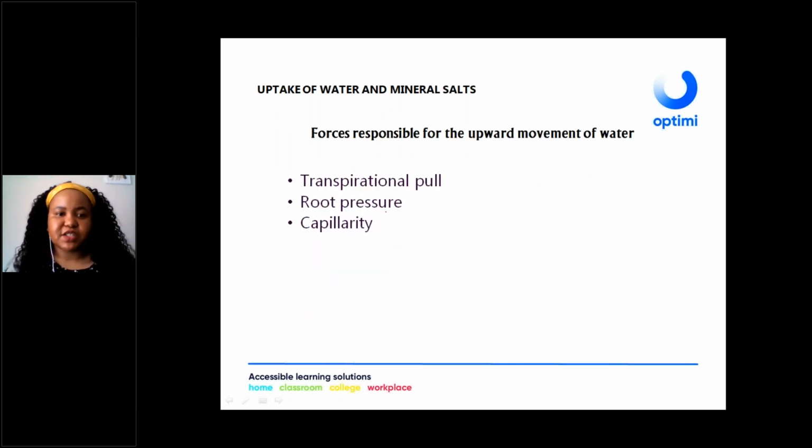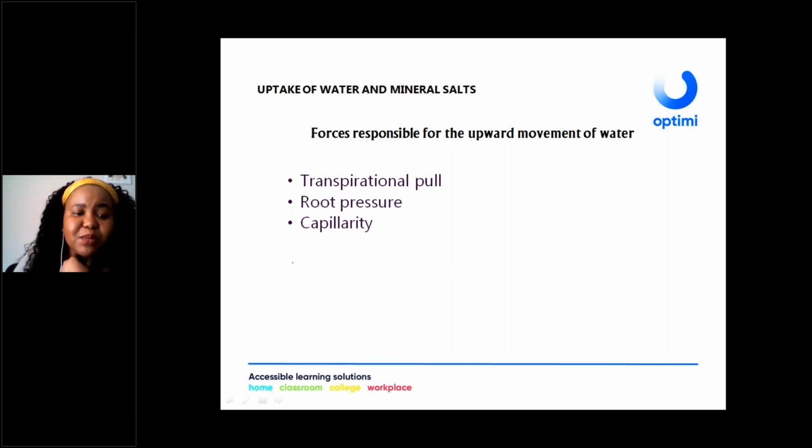As I've mentioned, there are forces that are responsible for the upward movement of water. For those of you who do physical sciences, I know you have done gravity before in lower grades. Gravity is a downward force that always forces things downwards. Water moves upward, and this does not stop gravity from trying to take it down, but the water is successful in any case.